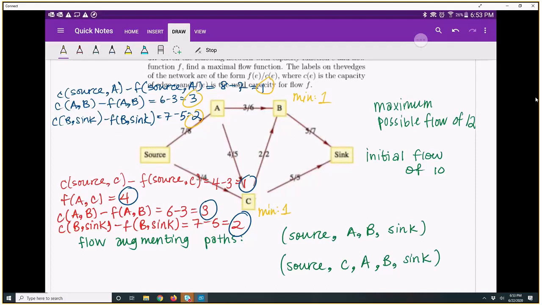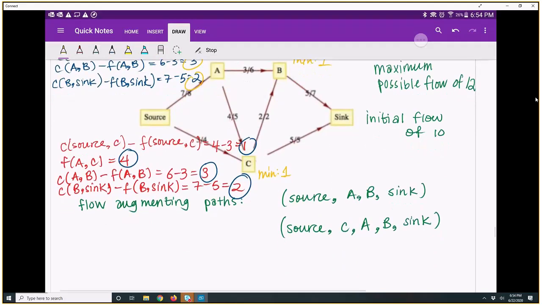And I do, because the numbers there are 3 and 2, and the minimum is 2. So I have enough to send 2. I found these 2 flow augmenting paths, and this is how I determined how much I could send. If I was wanting to use the edge in the forward direction, I did the weight minus the flow. If I was wanting to use the edge in the backwards direction, I just did the flow.